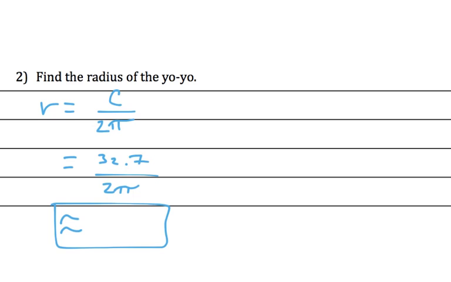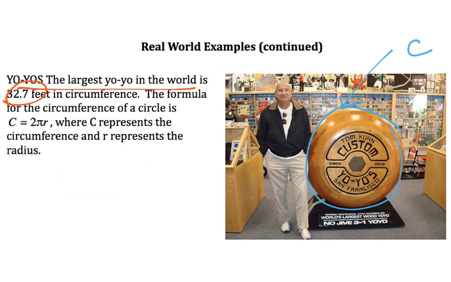So I'm just going to round to 3.14 here, and it looks like I got approximately 5.21 feet. Since they gave us the unit in feet, we would maintain that in feet. Yeah, that seems about right. So just for the heck of it, let's go back and label this R, and then we'll write 5.21 ft.